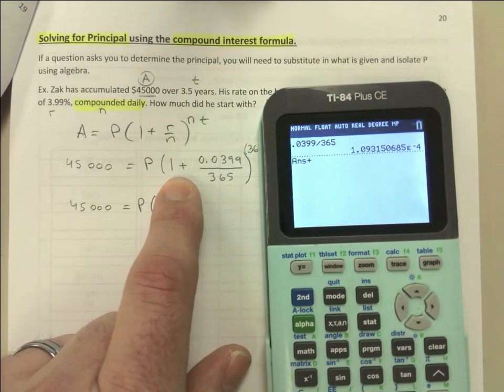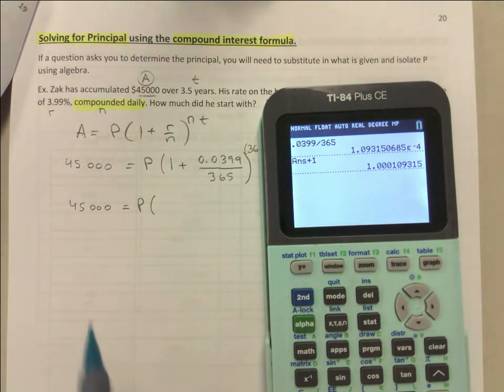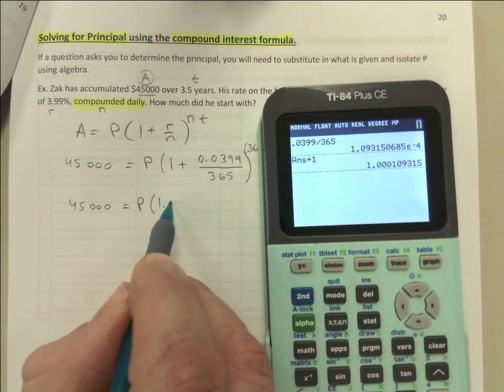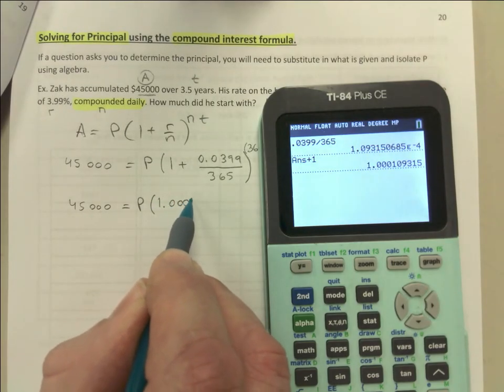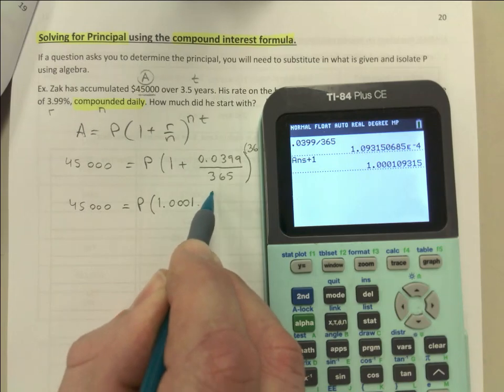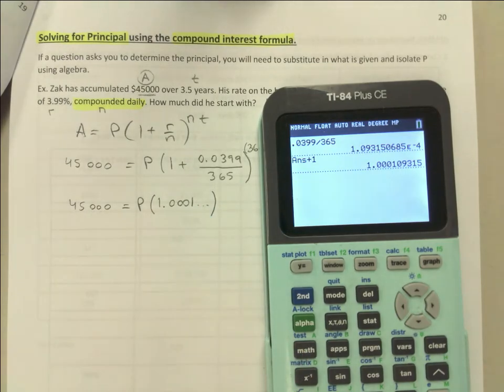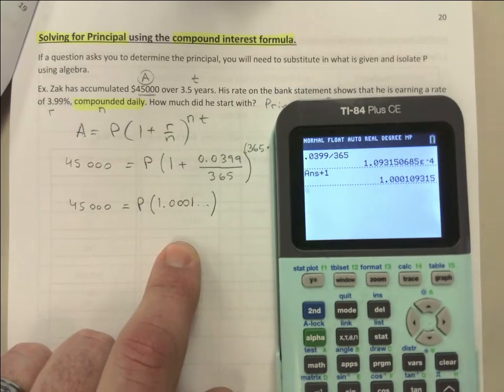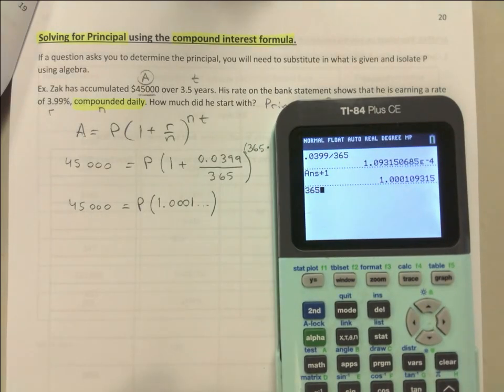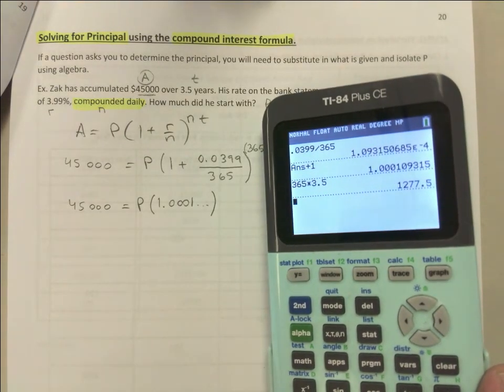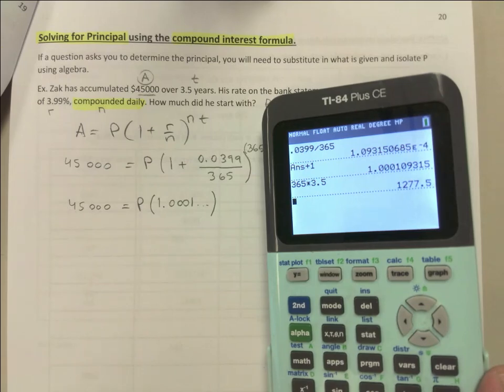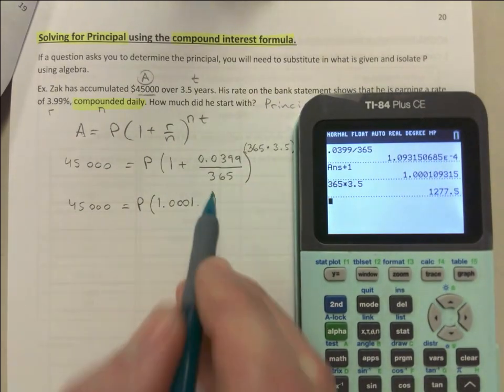And then you go plus 1. That's 1.0001 something. Okay? And then we're going to go 365 times 3.5. That's 1,277.5. Don't round.